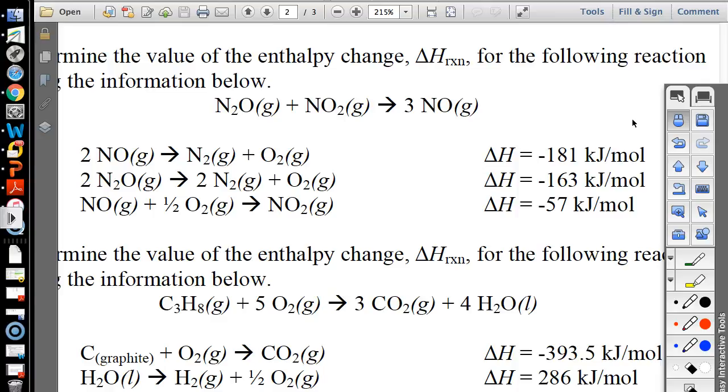Sometimes you have to multiply by fractions, by the way, or divide. Same thing. Divided by 2 is the same as multiplying by half.